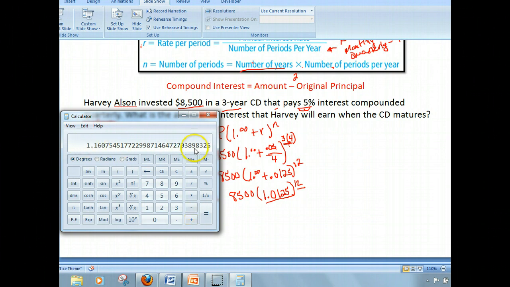Just leave that number in your calculator. The next thing we're supposed to do is multiply by 8,500. So then I just put times 8,500. It leaves my number there, and I get $9,866.41.